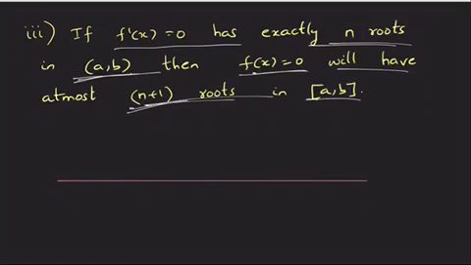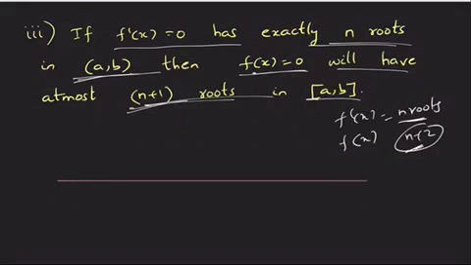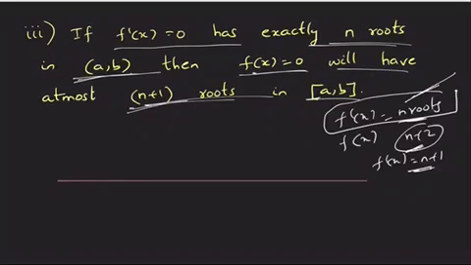I think this is pretty obvious by the previous corollary, that if f dash x is equal to 0 has n roots, then f of x can't have more than n plus 1 roots. For example, say f of x has n plus 2 roots, then by the previous corollary f dash x should have at least n plus 1. But that is not the case, since f dash x has exactly n roots.